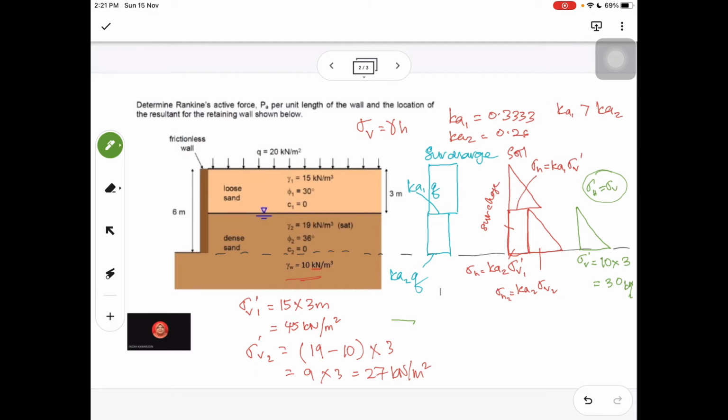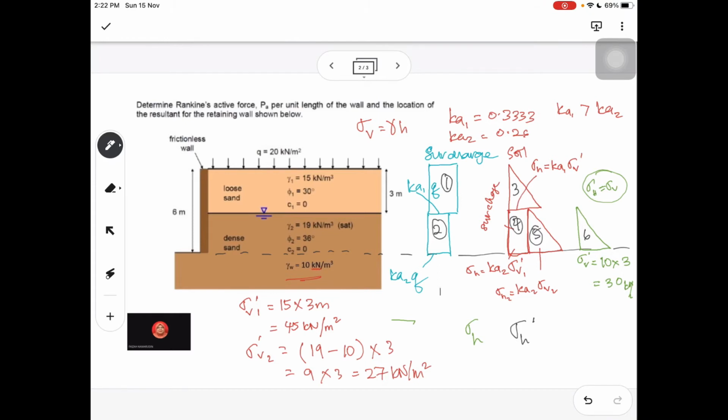So that is how to sketch and to calculate sigma H, which is horizontal stress. Then you label all the diagrams. So this is number 1, number 2, number 3, number 4, number 5, and number 6.